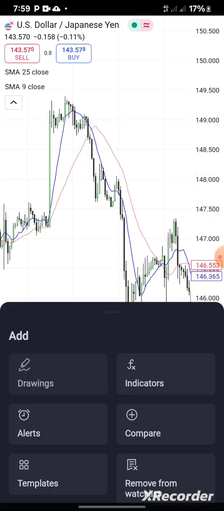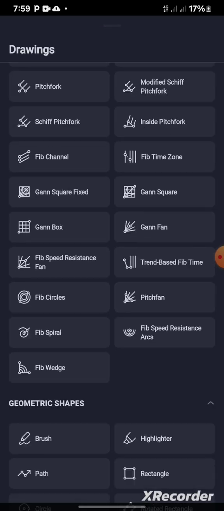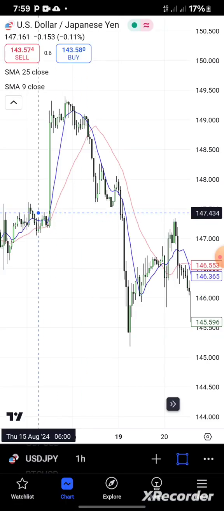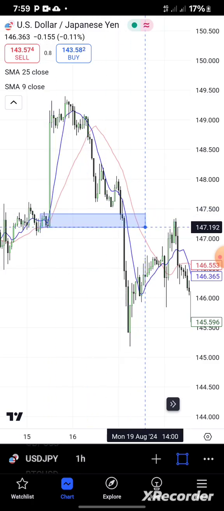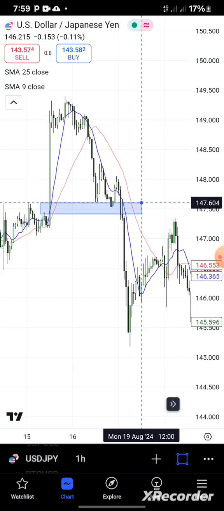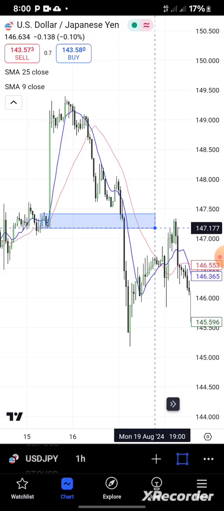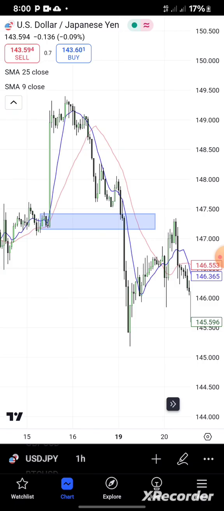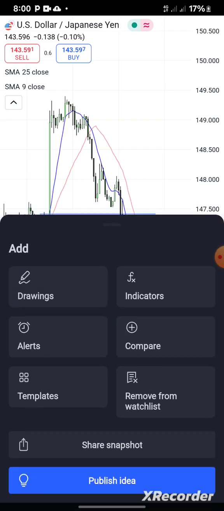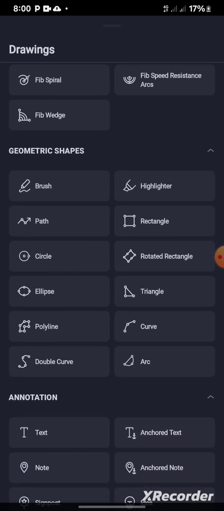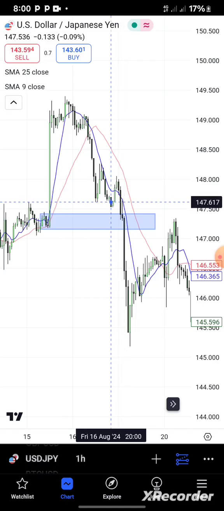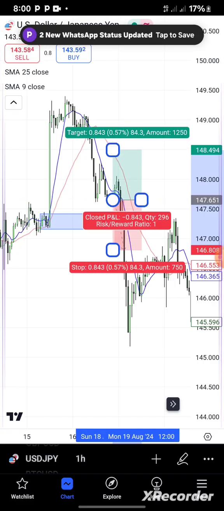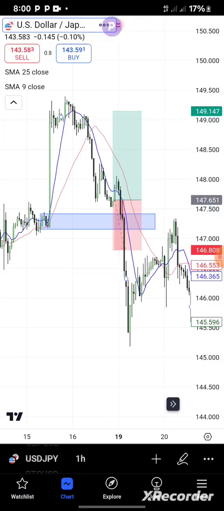Now if you mark this zone down here, like this, you can see that the market tapped and started reacting. If you went long on this and you put your position here, it would have been a loss.